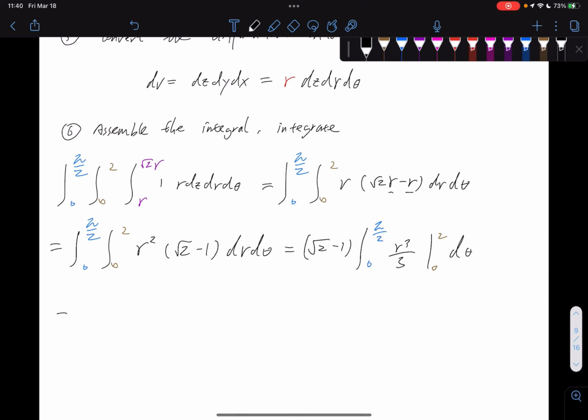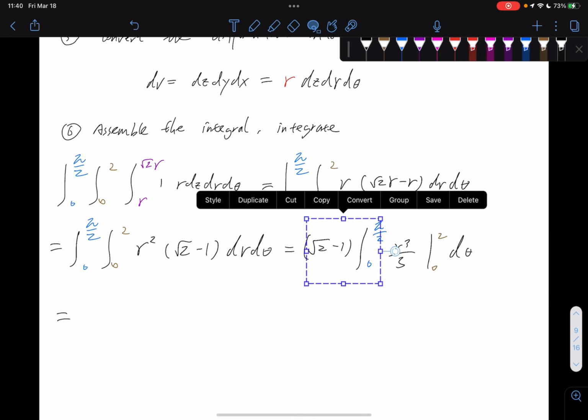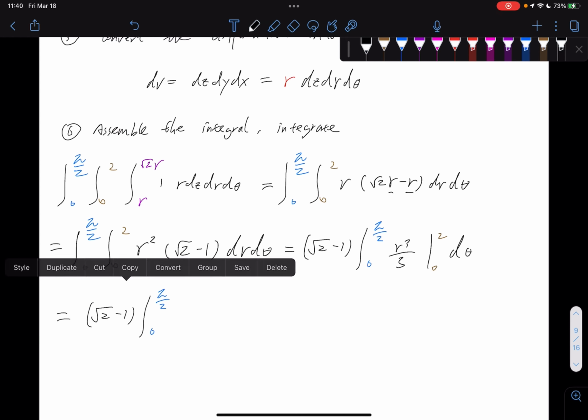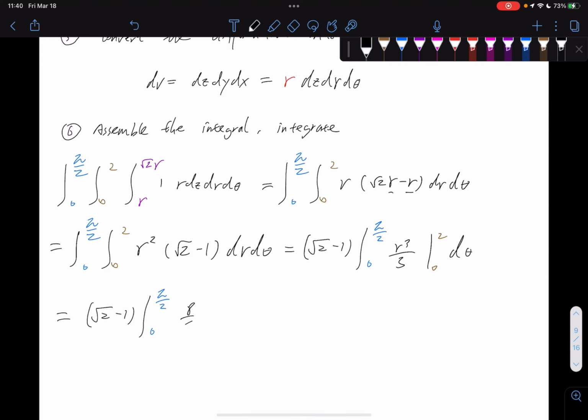And this will give us 8 over 3, right? So the integral evaluates to 8 over 3 minus 0. So this will give us 8 over 3 d theta.